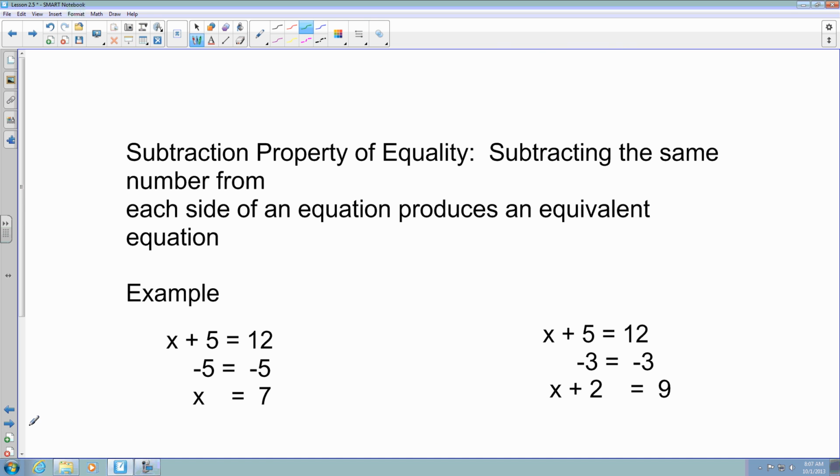Here is the more specific name for it. It's called the subtraction property of equality, where you're subtracting the same number from each side of the equation, which produces an equivalent equation.